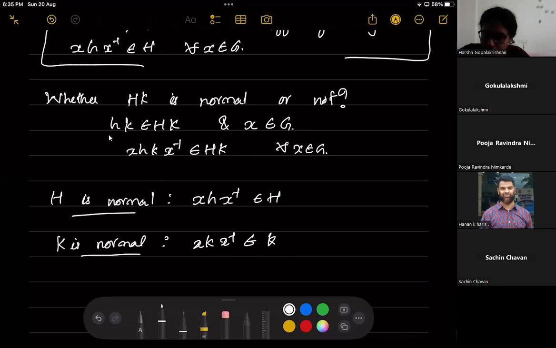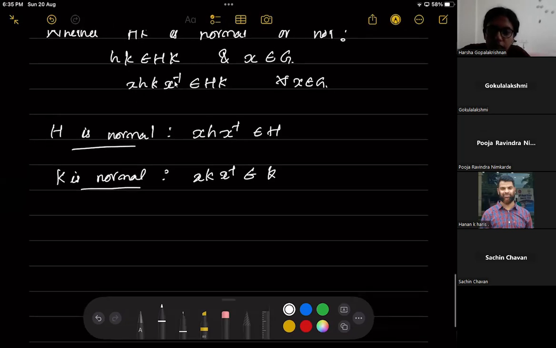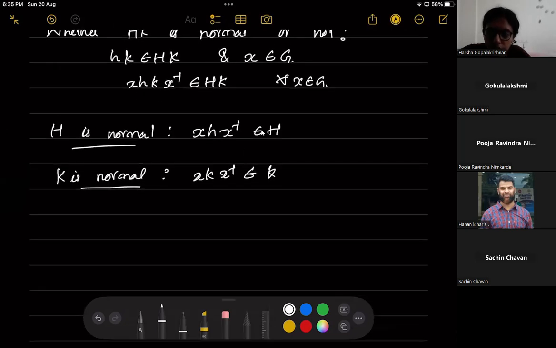Now we have h and k here, so we apply this to this h and k. What we want to prove is x hk x inverse belongs to HK. So we should rewrite these terms in terms of these two, then we can prove it. So how can we rewrite this x hk x inverse in terms of these two?